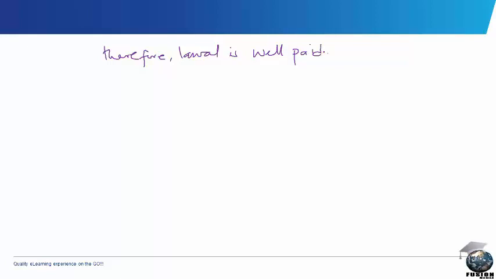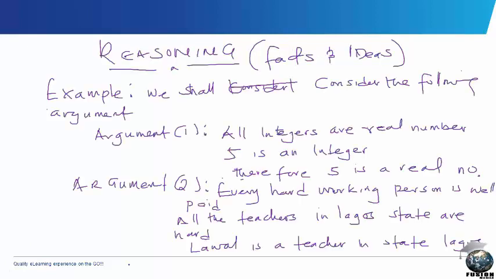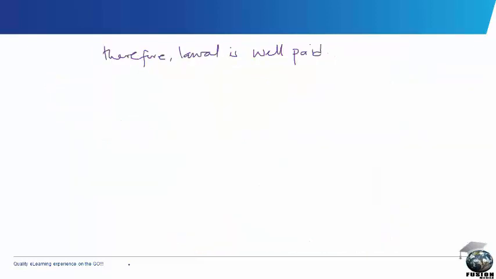The last statement follows from the others, such that if each of the other statements are true, then this one statement is also true. I hope you understand this. We should also note that information expressed in the first statement is called facts. Every hardworking person is well paid, and every hardworking person being the first statement is called a fact.